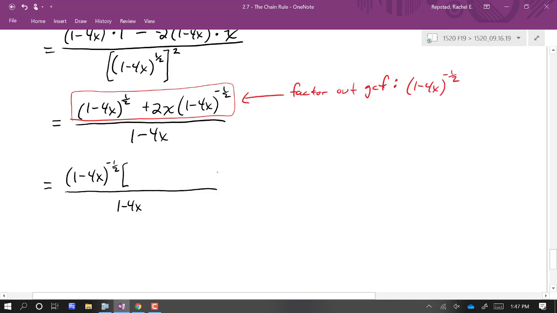Now, what goes in the brackets? 2x. So how do we get to this first term? What do I multiply this stuff to the negative 1/2 power by to get stuff to the positive 1/2 power? I'm going to ask you a related question.